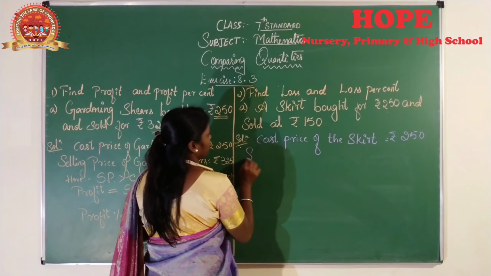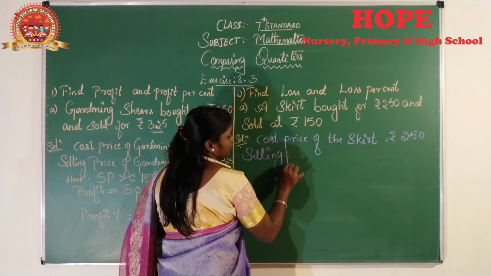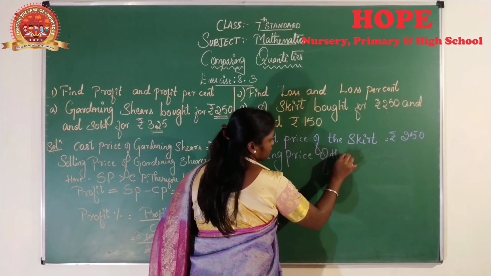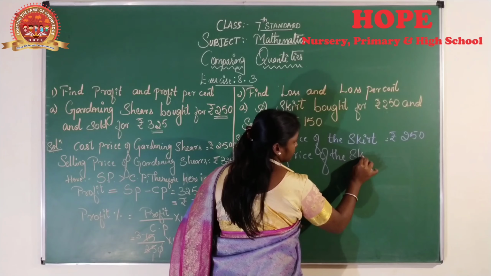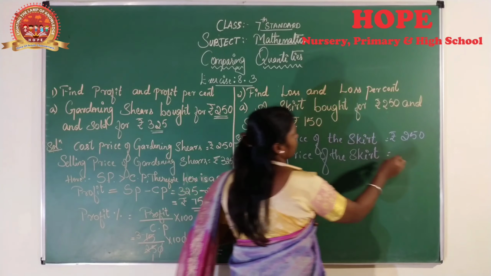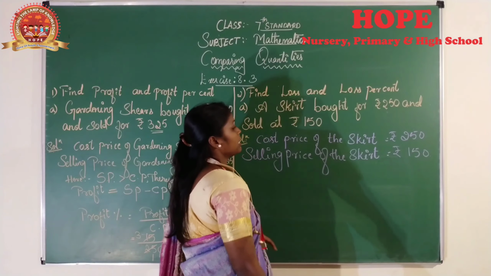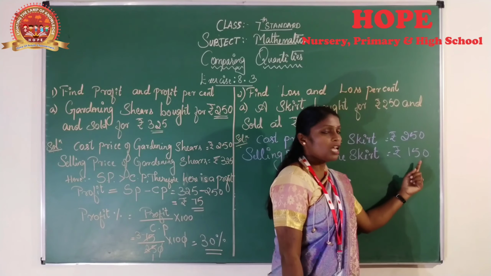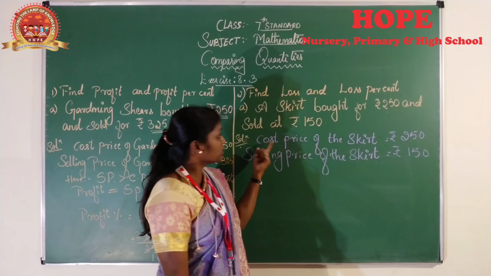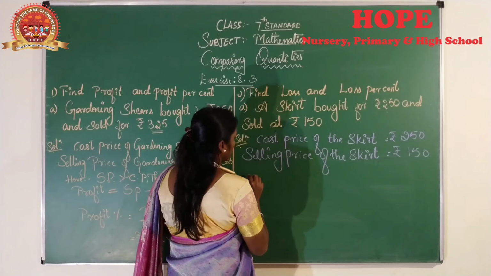And the selling price of the skirt is rupees 150. Looking at this, we can come to a conclusion that the CP is greater than SP.